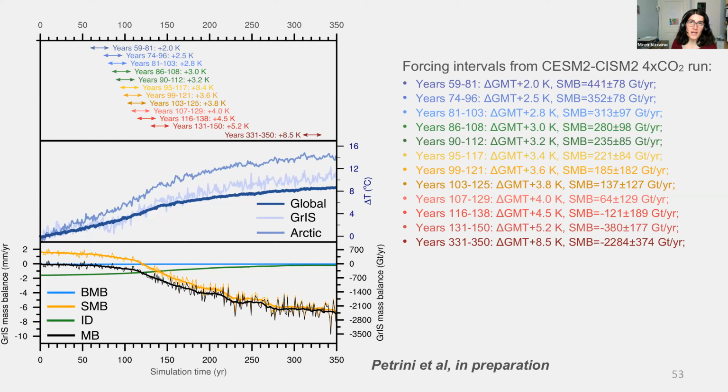So we can run the ice sheet model with a certain SMB. We can have some kind of elevation feedback, but we are freezing the climate because we are not doing a coupled simulation.